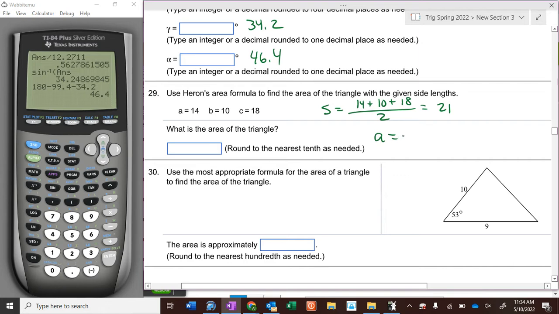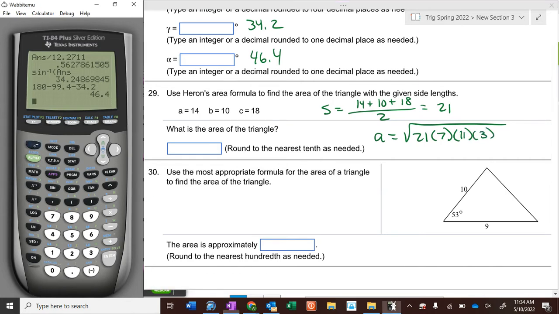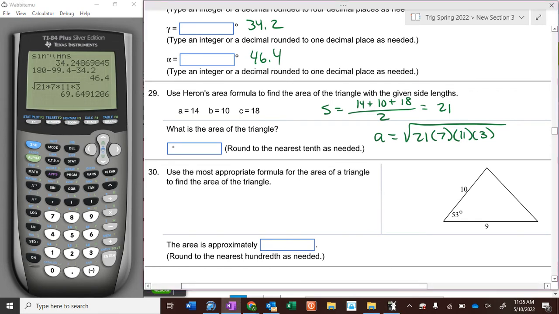So the area is the square root of 21 times 21 minus 14, which is 7, times 21 minus 10, which is 11, times 21 minus 18 is 3. So it is the square root of 21 times 7 times 11 times 3. 69.6.